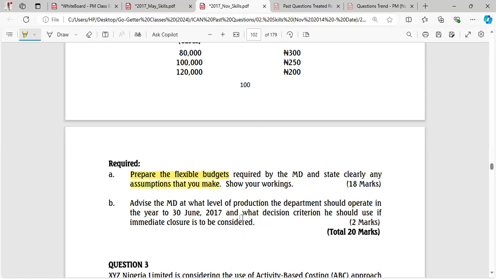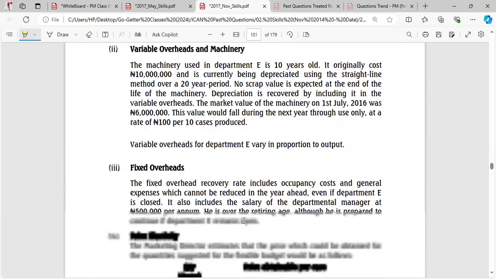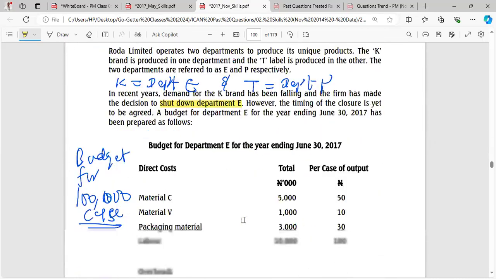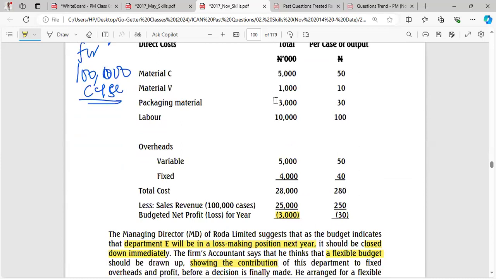So the assumptions here will be based on relevant costing. You are preparing a budget, but it's based on relevant costing. So now let's do that. We will follow this pattern as it is. So let's go now.